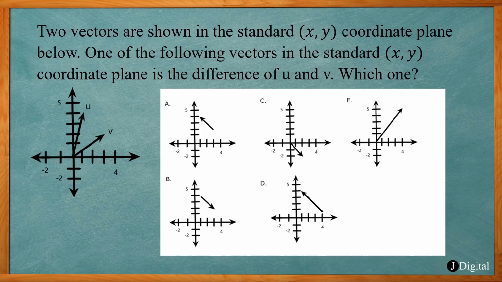This problem says two vectors are shown in the standard xy coordinate plane below. One of the following vectors in the standard xy coordinate plane is the difference of u and v. Which one? So we look at vector u. It goes over 1 and 4 up.